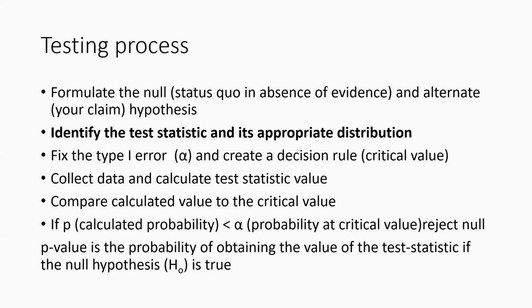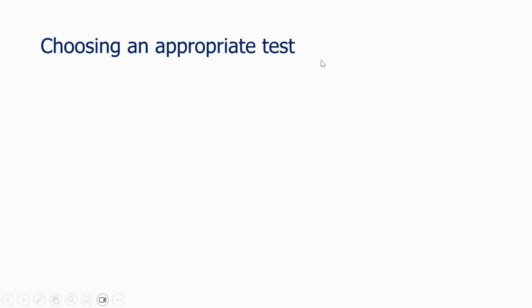And then this also helps you ascertain the p-value or the calculated probability, and you benchmark this p-value against the known critical value. So this is the entire process. In this entire process, the part that we are interested in with respect to exploratory data analysis is to identify the test statistic and its appropriate distribution. And this appropriate distribution will always be based on certain assumptions.